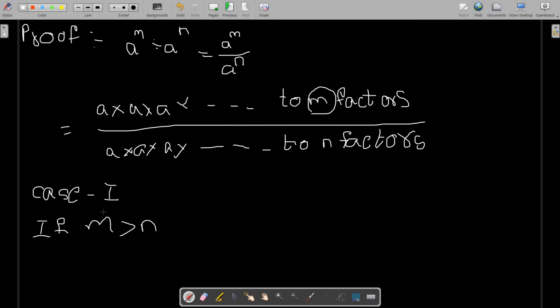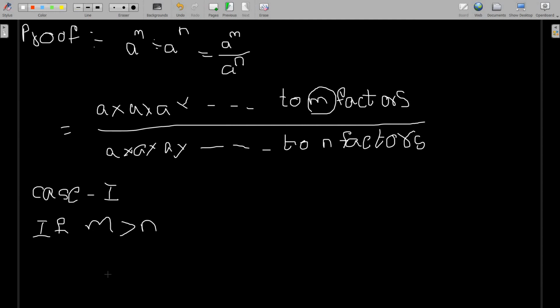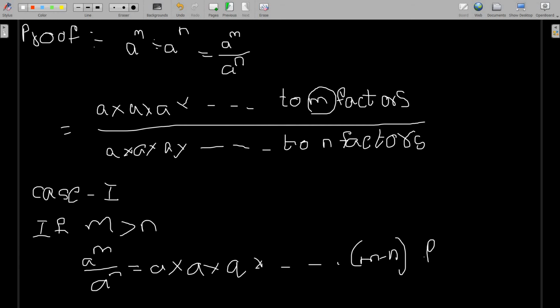If n is the biggest number, what will happen? We will see now. If the bases are the same, a into a, we will subtract the powers, m minus n factors.